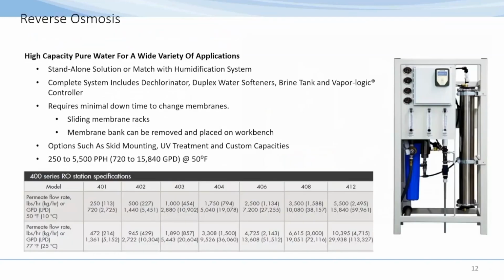So looking a little bit more at what the offering is. This can be a standalone, or like I mentioned, matched with a humidification system. And that complete system can be anywhere from a dechlorinator to a duplex water softener as pre-treatment to the RO system, and then the RO itself. The one note I want to make about softening systems is they tend to not just be used as standalone in this industry.